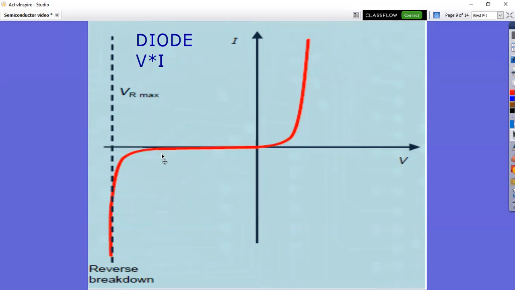If we reverse bias the diode, eventually the material will break down and it will conduct with large currents with tiny voltage change. When we get up to this stage here, we can manufacture deliberately what we call Zener diodes, which are designed to operate in reverse.